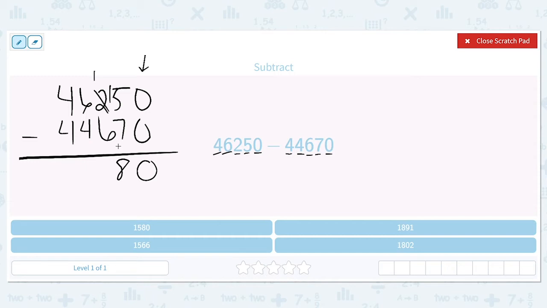So we're going to go again over to the thousands place and borrow from the 6. Turn that to a 5, which makes this 1 and 11. 11 minus 6 is 5. Then in our thousands column, we have 5 minus 4 is 1. And then 4 minus 4 is 0. So our final answer is 1,580.